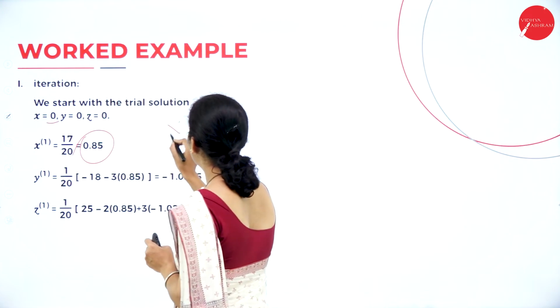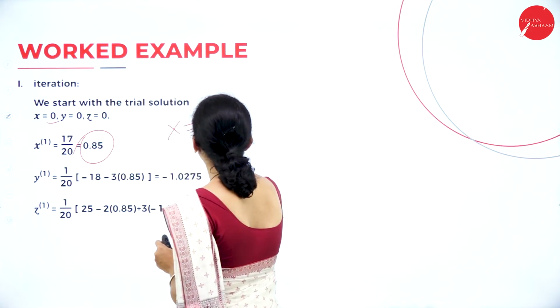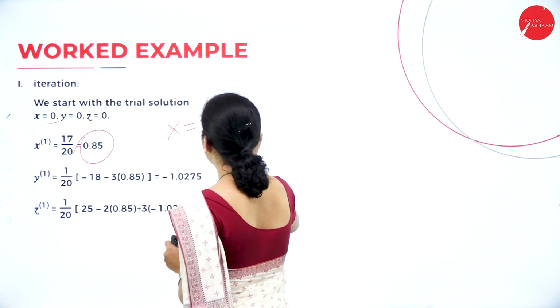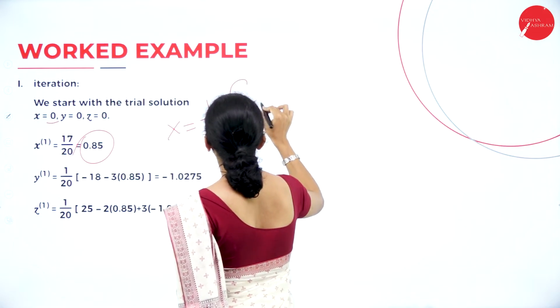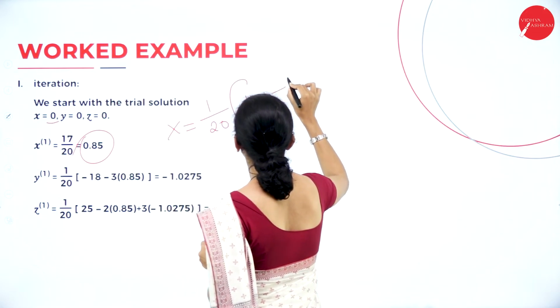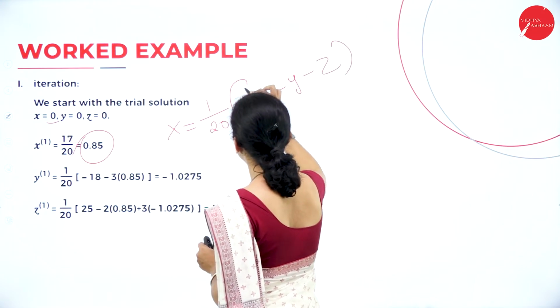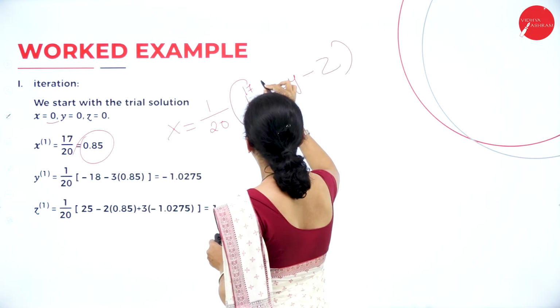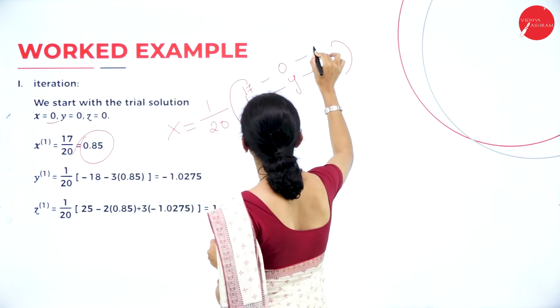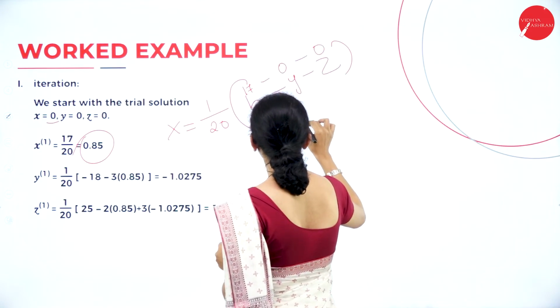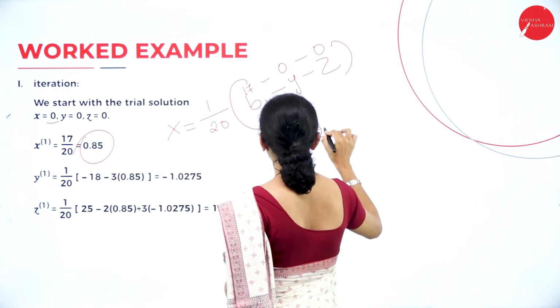And for my x1 it is 1 divided by 20, and it is b1 minus y minus z. So here b1 is nothing but 17 minus 0 minus 0. So it is 17 by 20.